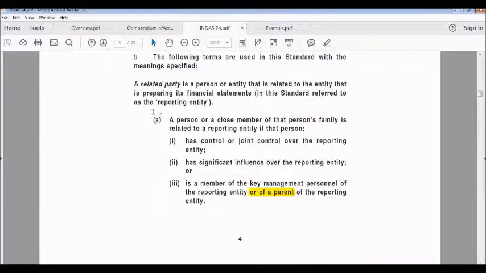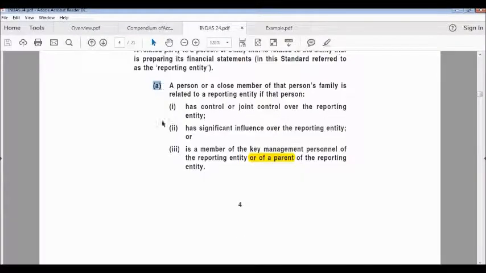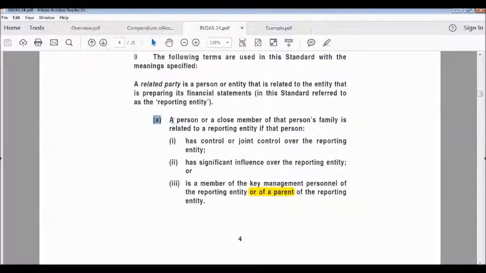this is the list, paragraph A and then paragraph B. A is regarding the person or close member of that person's family. So clause C says that a person or close member of that person's family is related to the reporting entity if that person is a member of the key management personnel of the reporting entity or of a parent of the reporting entity.